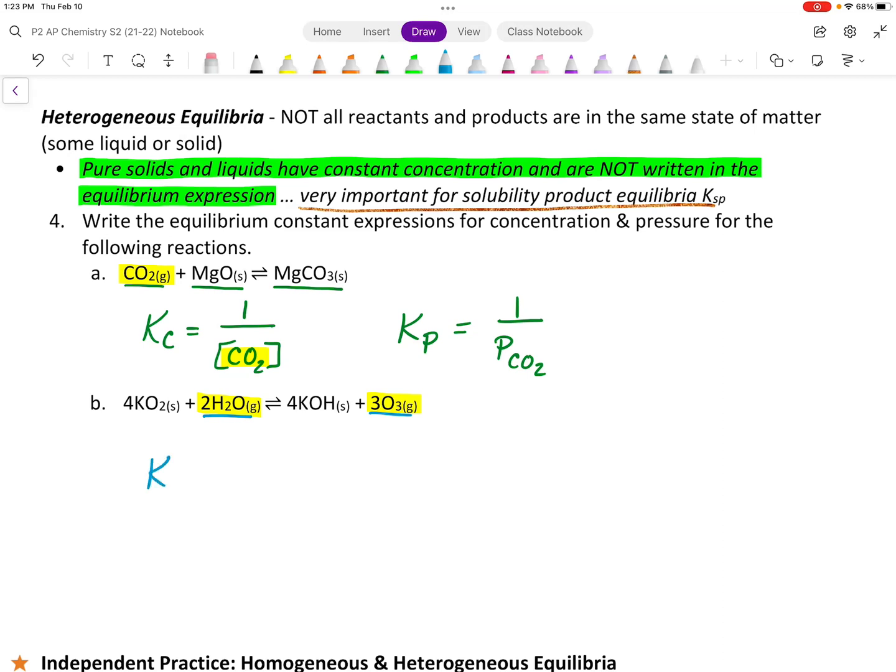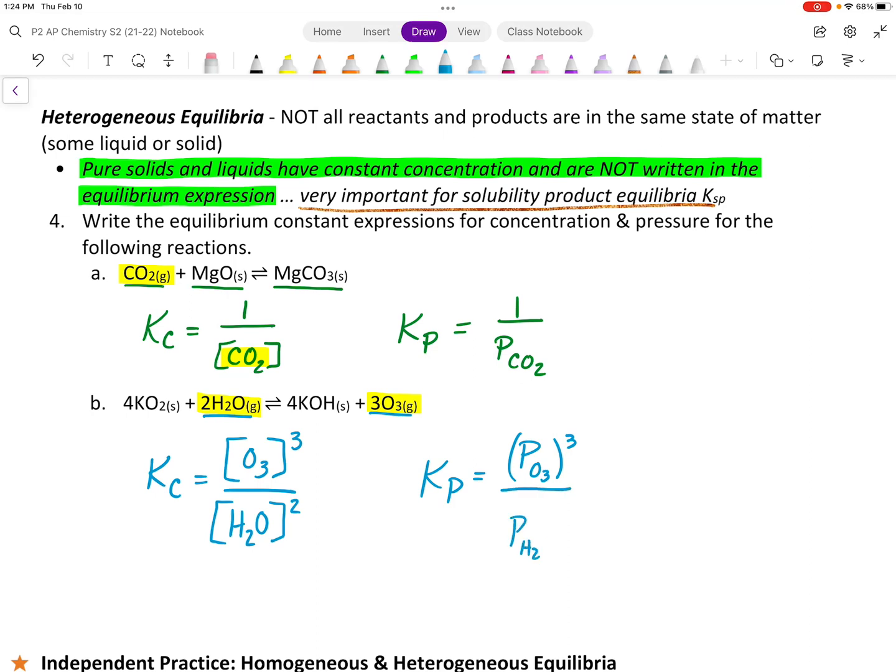So the concentration is going to be products, so O3 cubed over H2O squared. And then for pressure, Kp is the partial pressure of O3 cubed over the partial pressure of H2O squared.